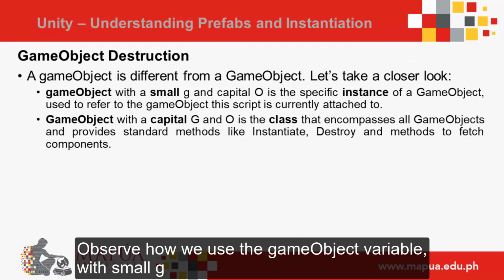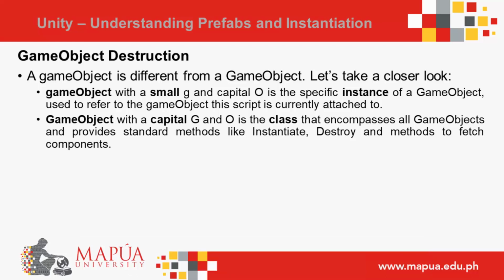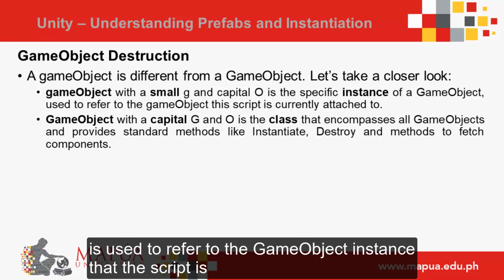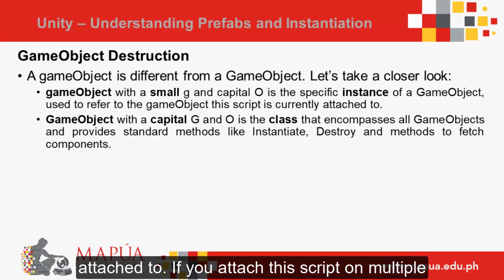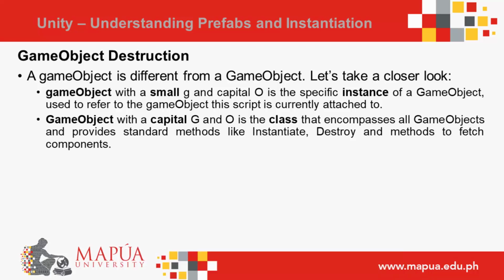Observe how we use the gameObject variable with small g and capital O in the method. This variable of type GameObject is used to refer to the GameObject instance that the script is attached to. If you attach this script on multiple objects, they will all react the same way whenever this variable is involved.